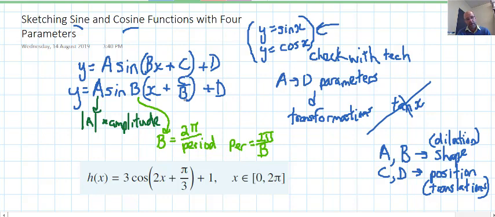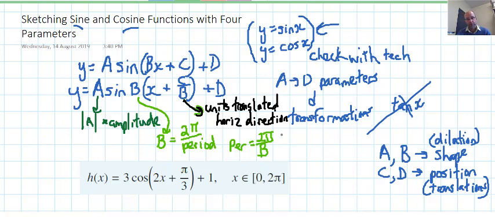Okay, C over B is a translation. So C over B is units translated in the horizontal direction. A positive value for C on B would be to the left.